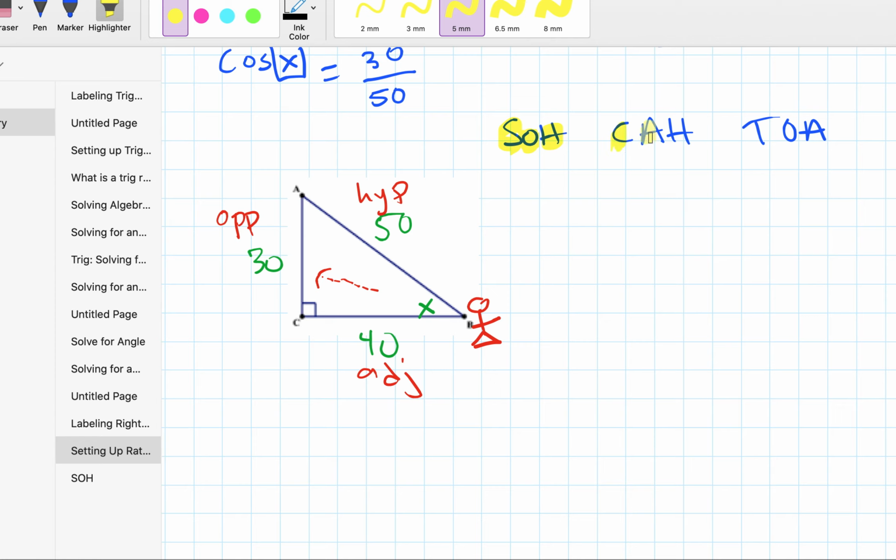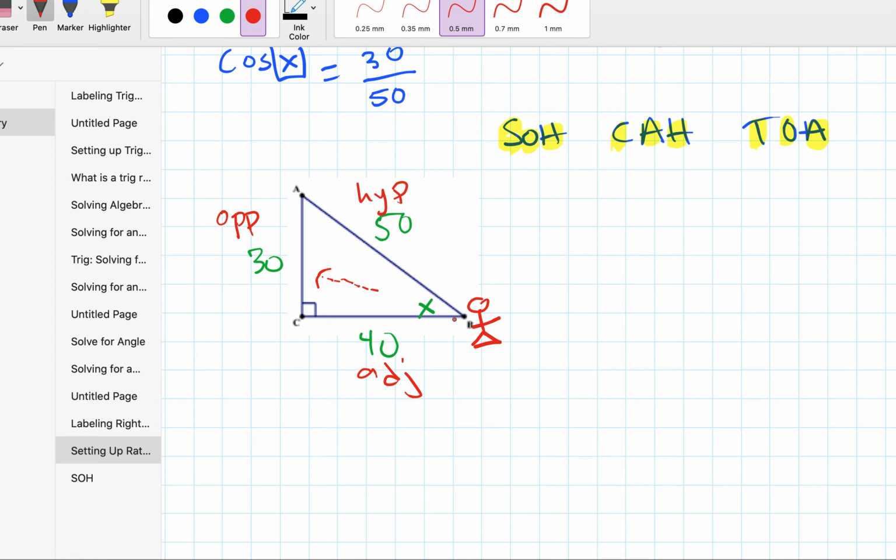Cosine is the adjacent side divided by the hypotenuse. And tangent is the opposite side divided by the adjacent. SOH CAH TOA. And you may want to exaggerate the H. SOH CAH TOA. And it's kind of funny, once we teach these to students, they go around saying, suck a toe.